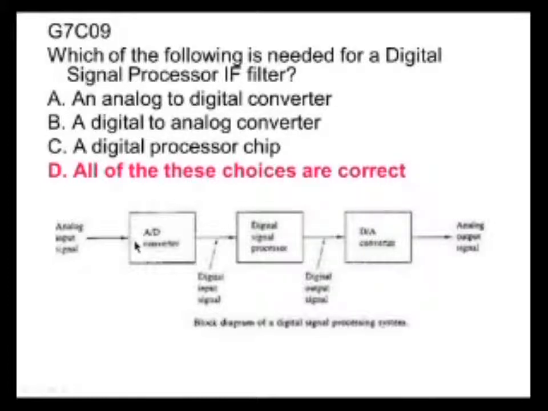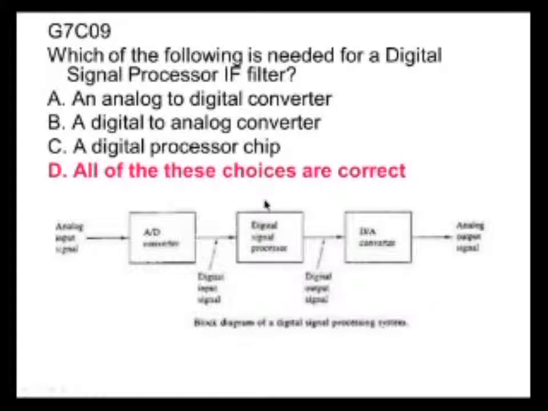We go to an analog to digital converter, and then we have a digital signal coming into our digital signal processing, where we can manipulate the signal mathematically, and then it goes back out to a digital to analog converter, and we have an analog signal again, which is what our ears are able to deal with. Our ears cannot deal with the digital signal. But the signal processing circuits can deal with it very well and do a good job.